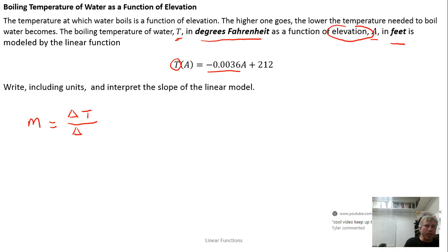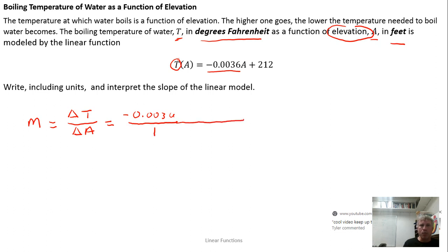So delta A, we're using A for altitude to represent elevation. So now I look at the slope and I get the number. The number is negative 0.0036. But I recognize from here I need delta T over delta A. I need change in output divided by change in input. So I can take this number and just write it as a fraction over 1.